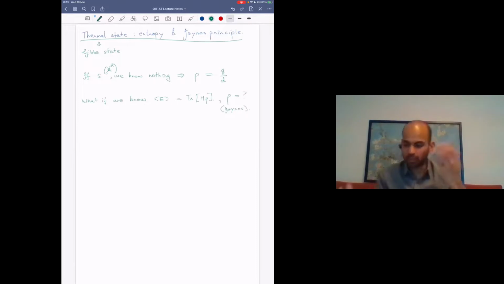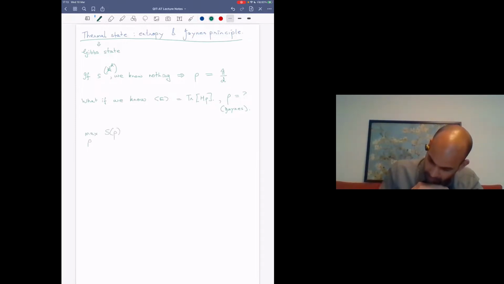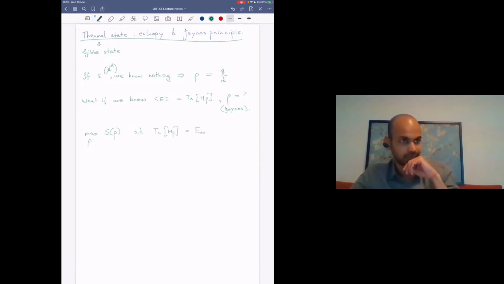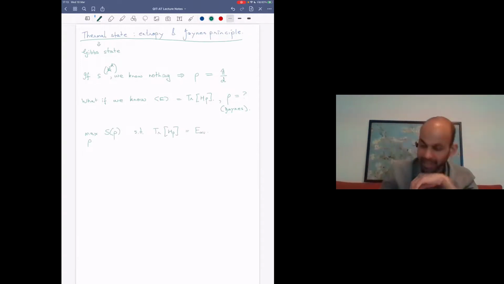And so now this, as a formal question, is: find the maximum over all rho of the entropy of rho, such that trace of H rho is equal to something that's given to us, some E average. Okay, and as you might expect, what we get is a Gibbs state.